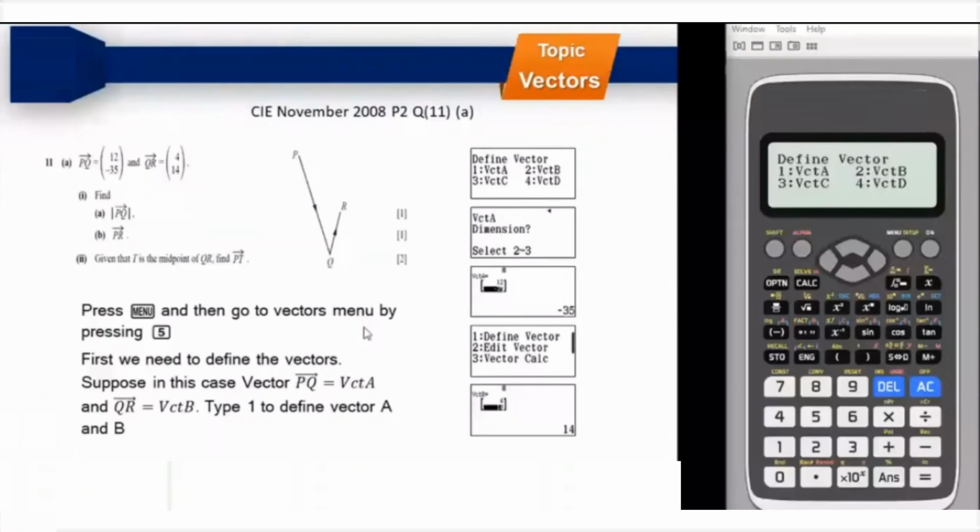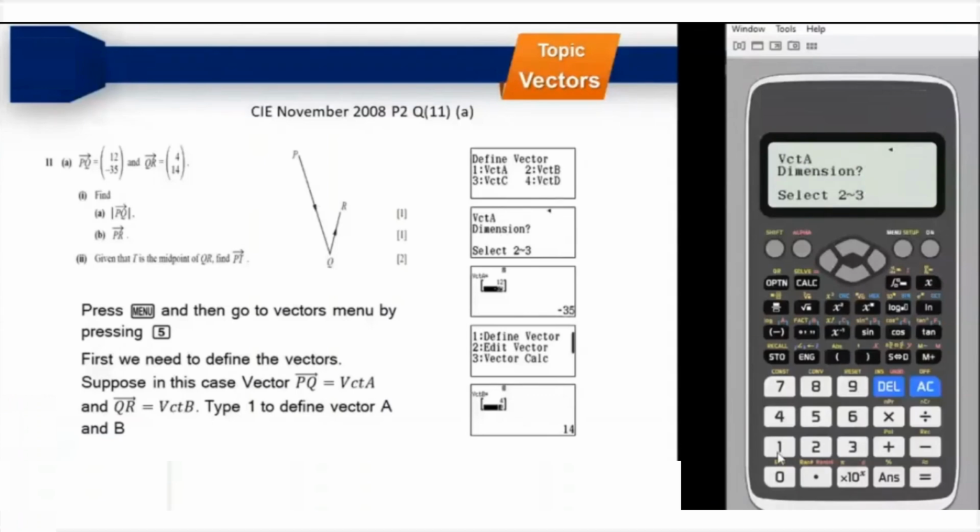So I will define the first vector PQ, and I will consider PQ as vector A. So I would repeat for you guys that I have pressed menu and I have pressed 5 to enter into the vector mode. Now I am pressing 1. As soon as I press 1, the calculator will ask me, it is vector of which dimension?